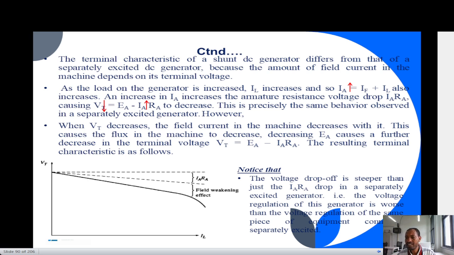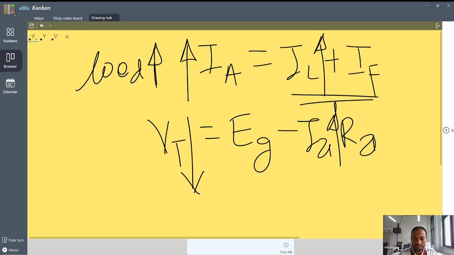This is precisely the same behavior as the separately excited generator. However, what makes the shunt different is what happens when VT further decreases. In a shunt generator, IF is equal to VT by RF.